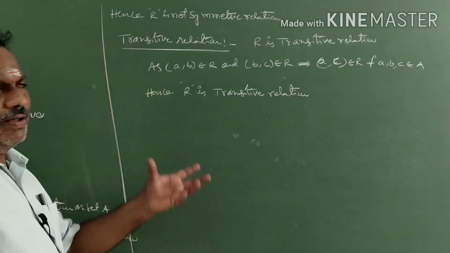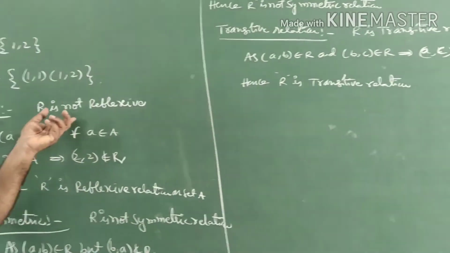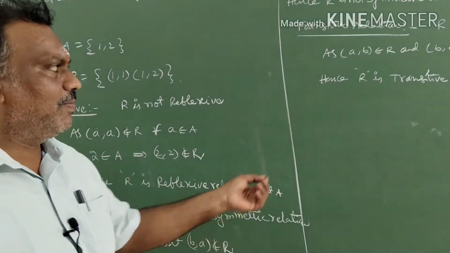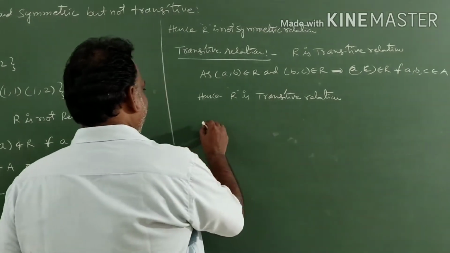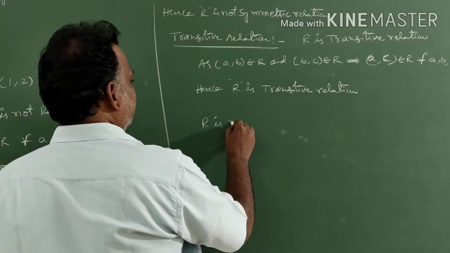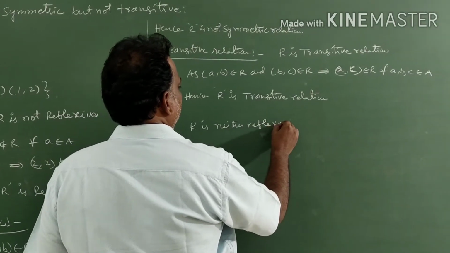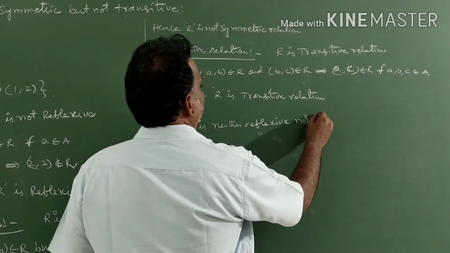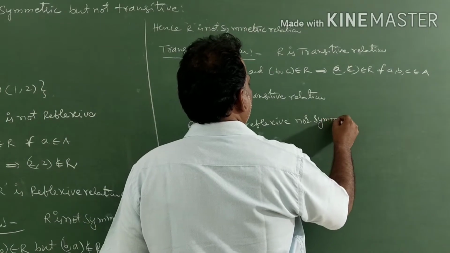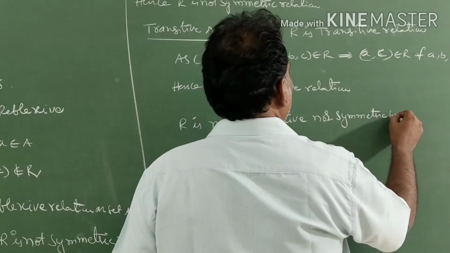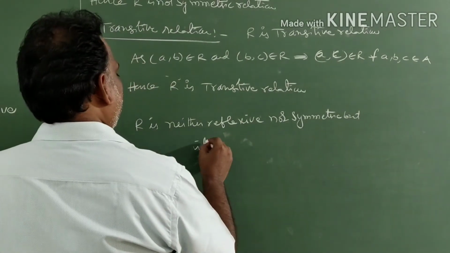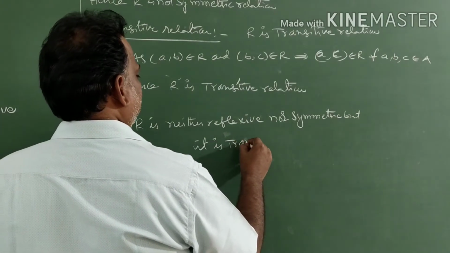By observing all these, R is not reflexive, R is not symmetric, but R is transitive. So we can say that R is neither reflexive nor symmetric, but it is a transitive relation.